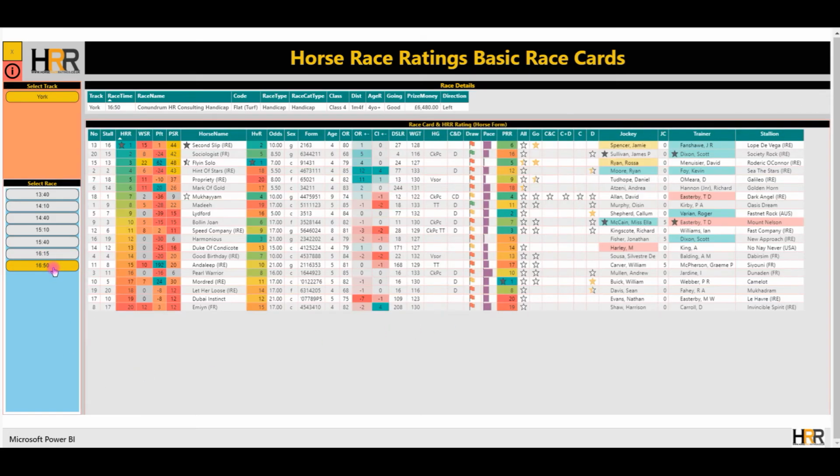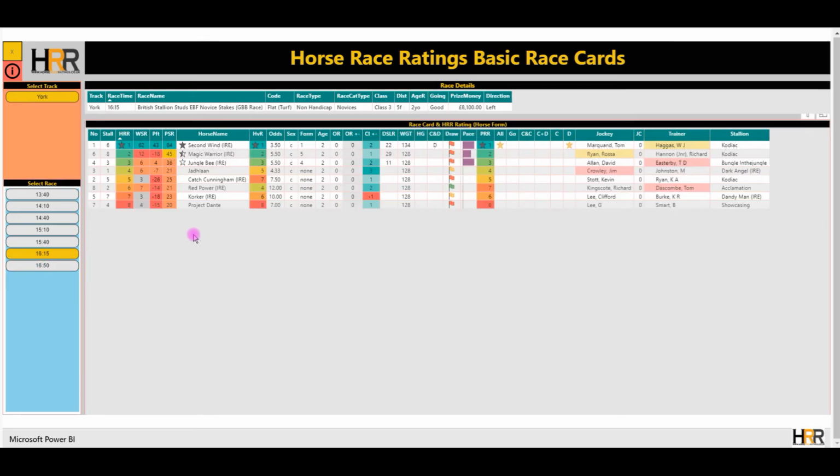And then in the 4:50 race, actually, who won the 4:10 race? The 4:10 race was won by Project Dante. So if we just go back to the 4:15 race, Project Dante was actually right at the bottom.